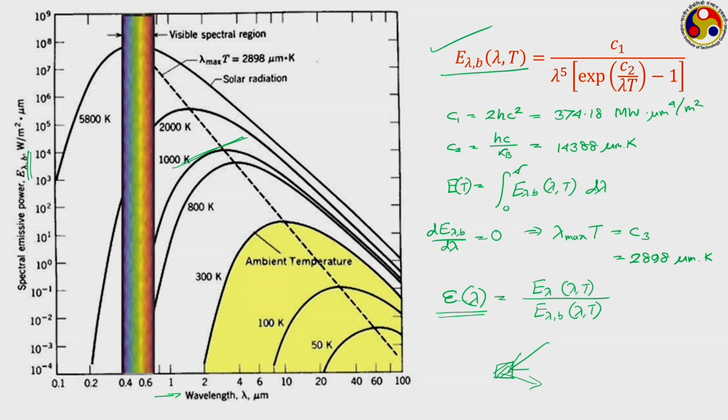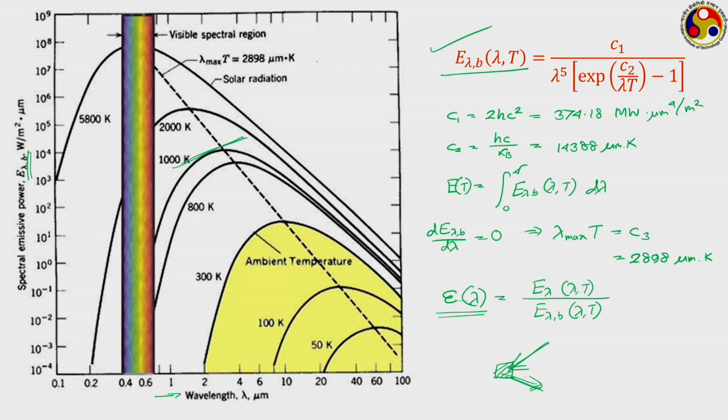If there is no convection or conduction heat losses, then it will keep on emitting depending on its own temperature. Accordingly, there will be change in the temperature of the sensor, and after some time it will reach an equilibrium temperature, under which condition the emission coming from the source and the emission going out of this body should be equal to each other, so that the temperature is maintained constant.